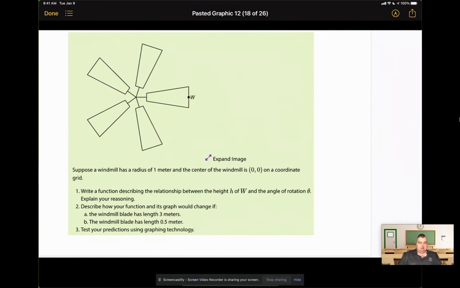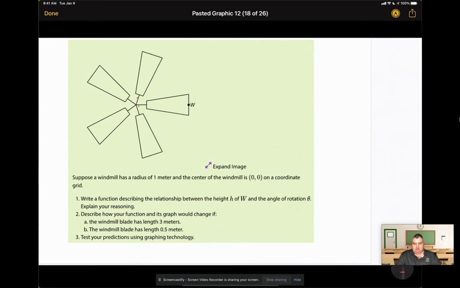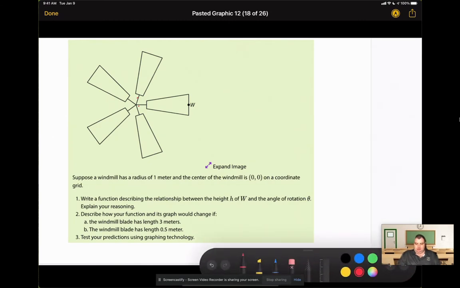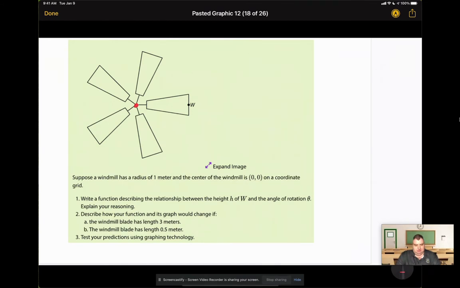So suppose a windmill has a radius of 1 meter. And the center of the windmill is at 0, 0.